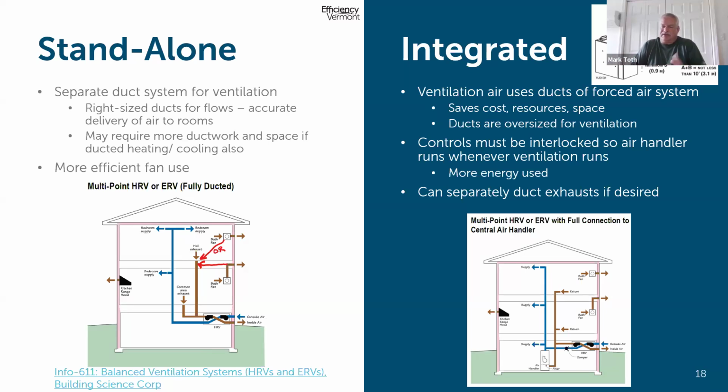It's just going to operate, so you're talking about using the system fan. Yes, you're using the system fan. Most of the system fans now are all ECM, so they have a very low speed to work in conjunction with the ERV, HRV.